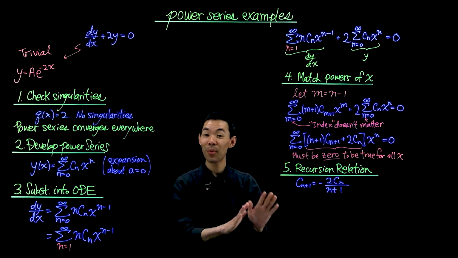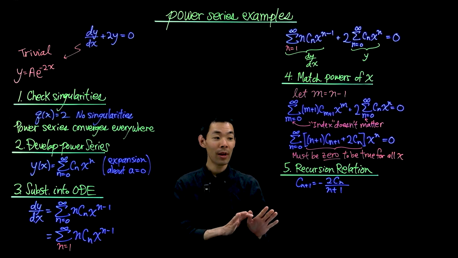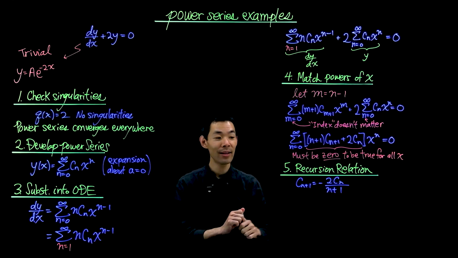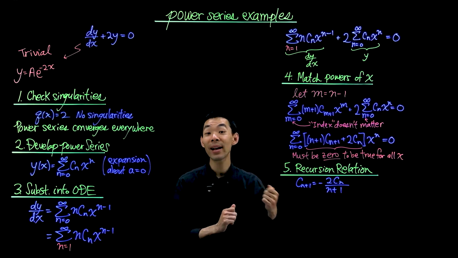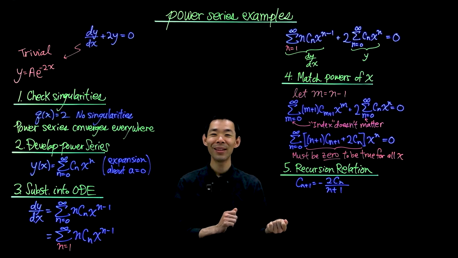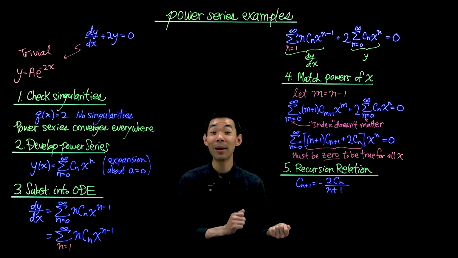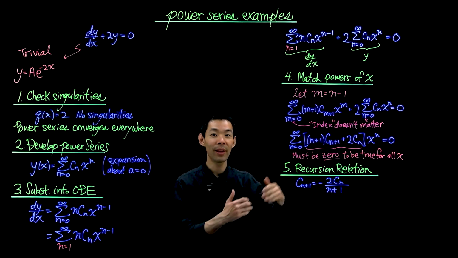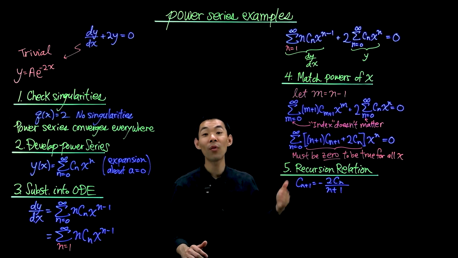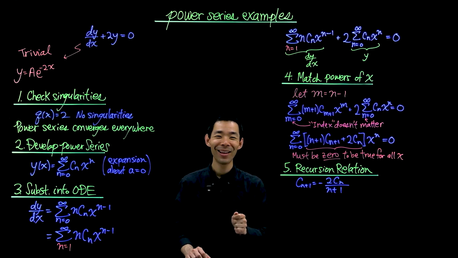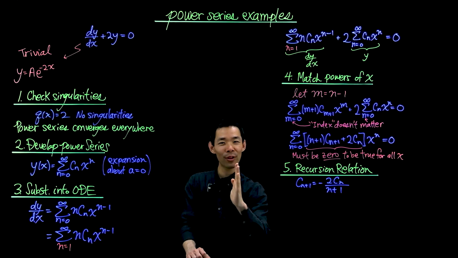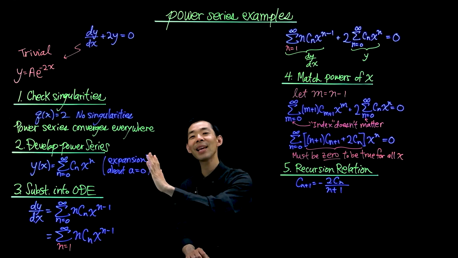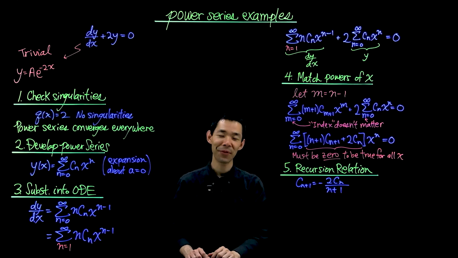Now, this is an important relationship because it tells you if you know c sub n, then you can obtain the next value of the coefficient or the weight, c sub n plus 1. So as soon as you know the previous one, you know the next one, and so forth. And you can just keep doing it over and over and over. That's why it's called a recursion. When you know the 0th one, you get the first one, you get the second one, third one, fourth one, and it becomes a cascade where you know all the coefficients after that.